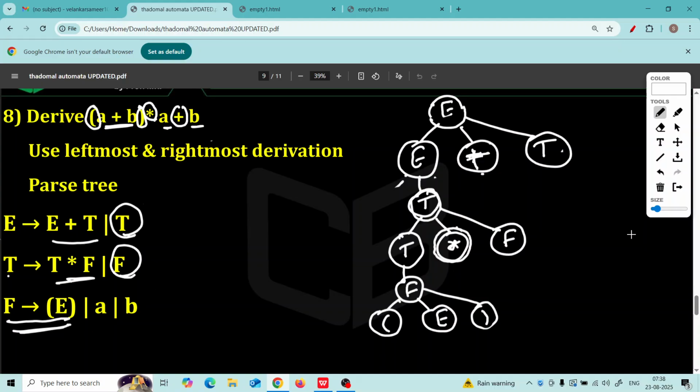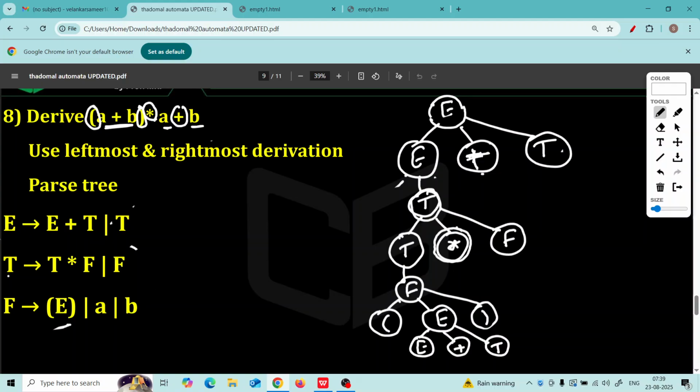Fine enough. So you now check that E is pending. This leftmost E is pending. Correct? We can again say E gives E plus T. I hope you are understanding.